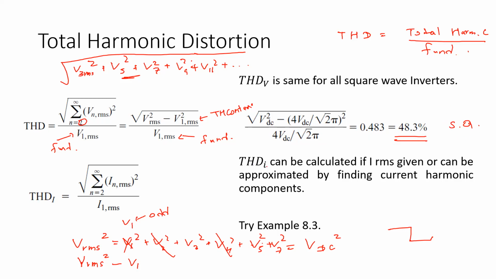For THDI, it is not a constant. It can be calculated if IRMS is given, or approximated by finding current harmonic components.